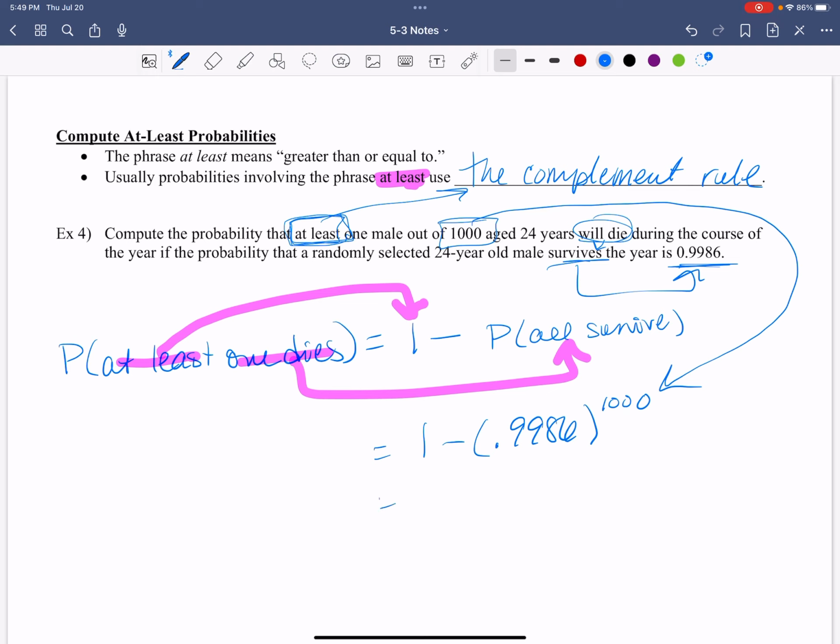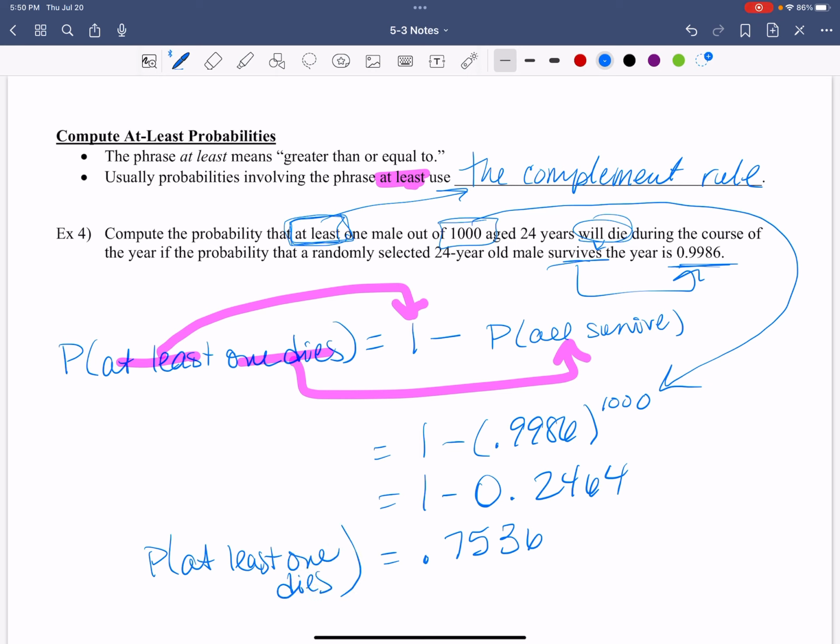So you just use your calculator for that, right? 1 minus, and I get 0.2464. If I were to plug that 0.9986 to the 1,000, check it on your calculator and make sure we're agreeing here. So I get 0.7536 is the probability that at least one dies.